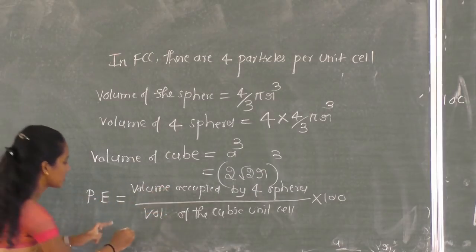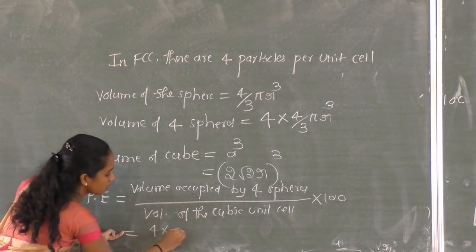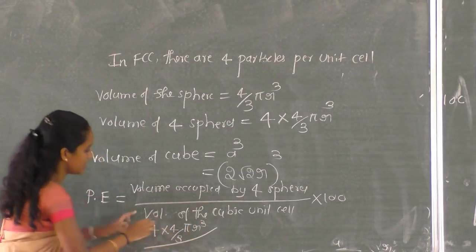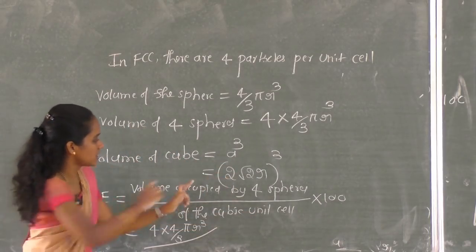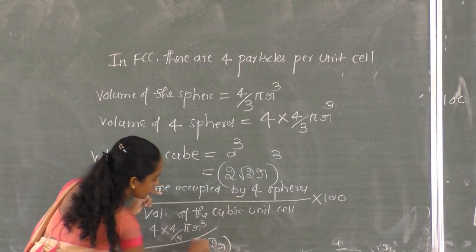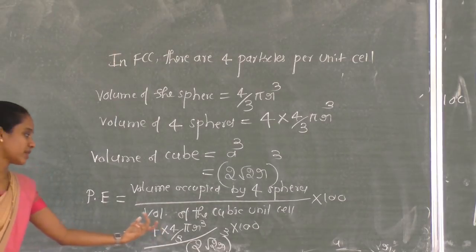So what is the volume occupied by the 4 spheres? 4 into 4 by 3 pi r cube divided by volume of the cubic unit cell, which is 2 root 2 r cube, into 100. No need to simplify this.